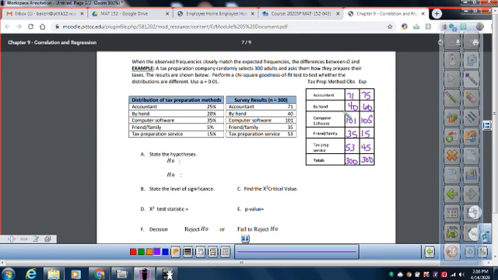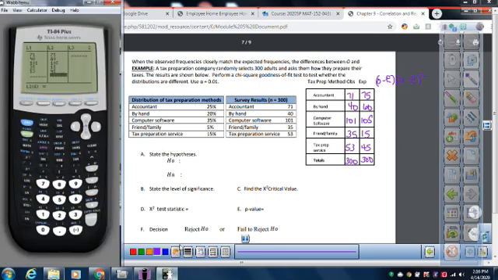So some are higher, some are lower. Some are off a little bit, some are off a lot. But now we're going to do observed minus expected. And then we're going to do observed minus expected squared. So 2 more columns. But I'm going to have the calculator do that for me. So I'm going to go up to list 3.